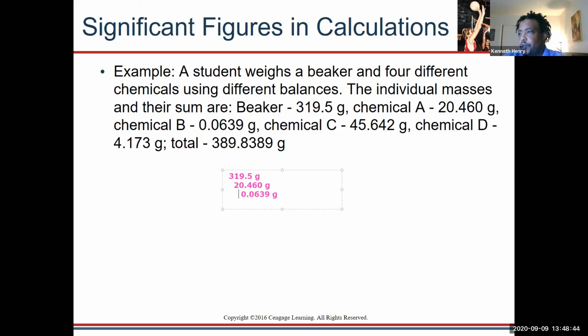For chemical C, it's 45.642 grams. And for chemical D, it's 4.173 grams.